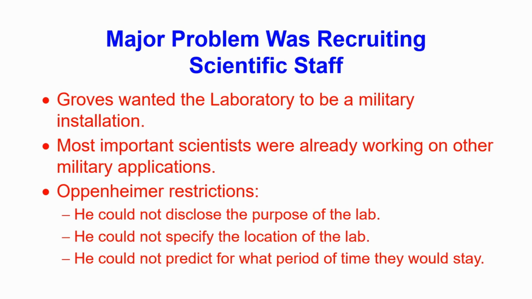And so he was having big problems recruiting anybody because, first of all, he couldn't tell them the purpose of the lab, he couldn't specify the location of the lab, and he couldn't tell them how long they would have to stay there. And so this caused a problem.